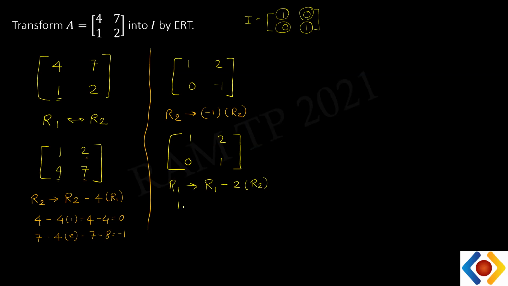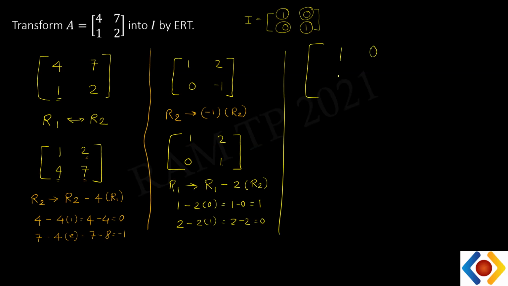So 1 minus 2 times the corresponding row 2 element 0. 2 into 0 is 0, so 1 minus 0 is still going to remain as 1. What about this? 2 minus 2 times the corresponding element from row 2, 1. So which is 2 minus 2, which is 0, right? So finally, we got what we were looking for.